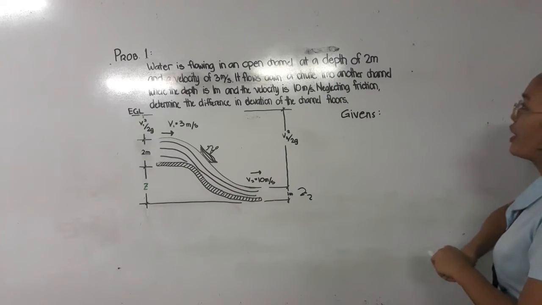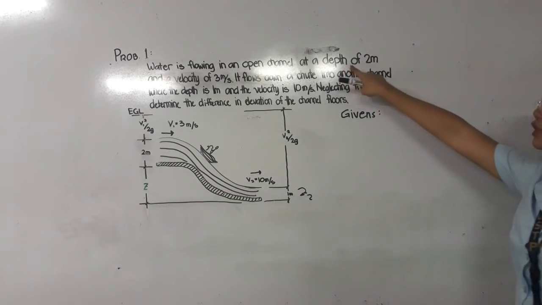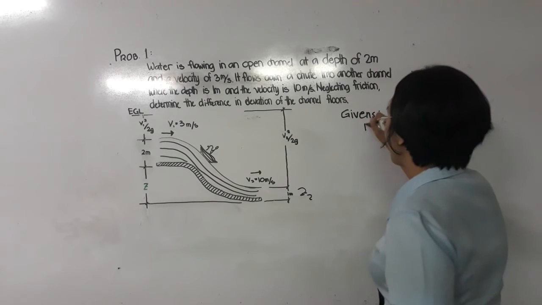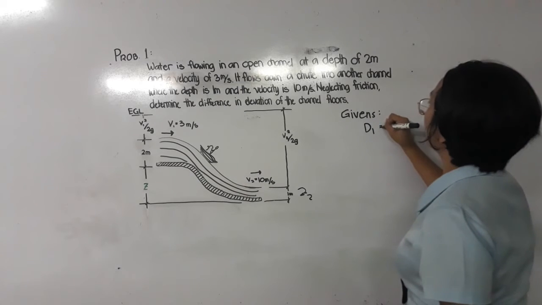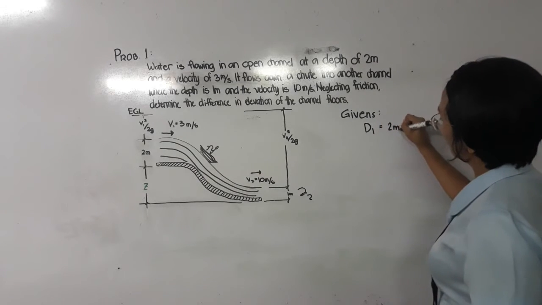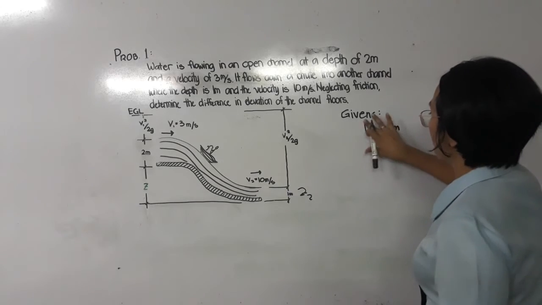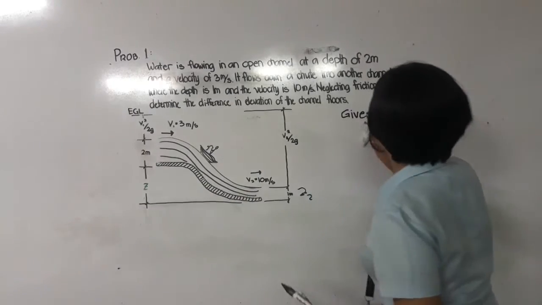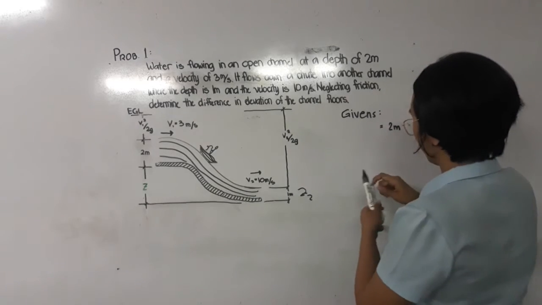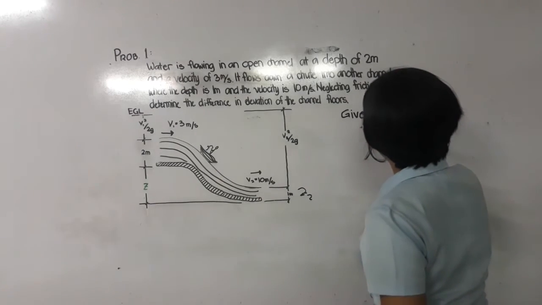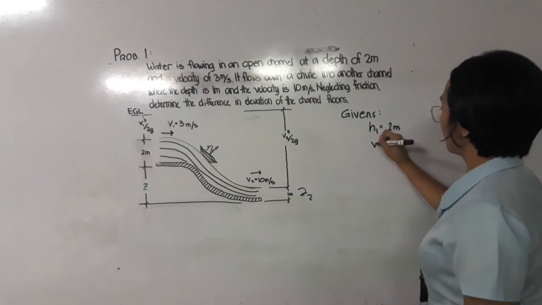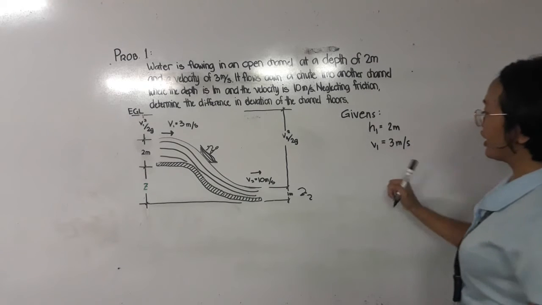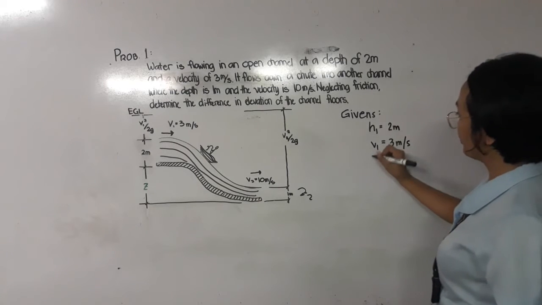The first given is a depth of 2 meters, and we are going to denote it as h1, and the velocity of 3 meters per second.